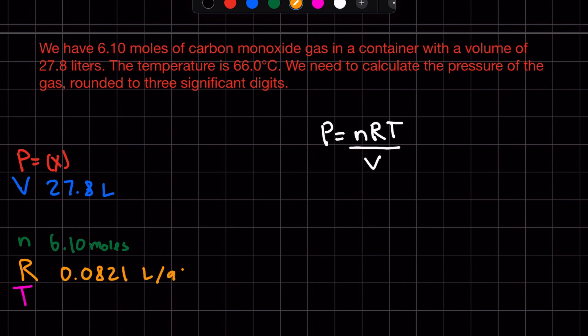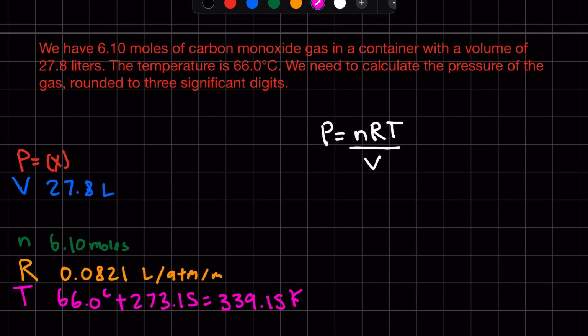And then we have our T, which is 66, but remember, we have to get it to Kelvin, so we have to do 66 plus 273.15, and that new value is going to be 339.15 in Kelvin. And then we don't know our pressure yet, so that's what we're solving for.